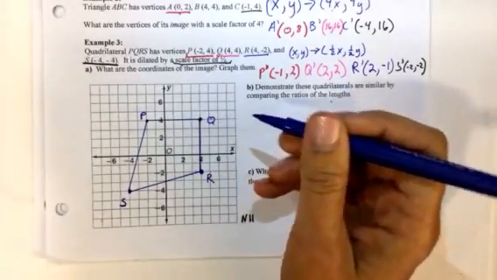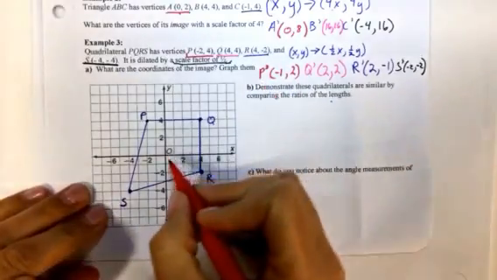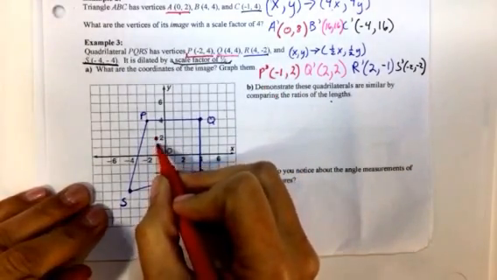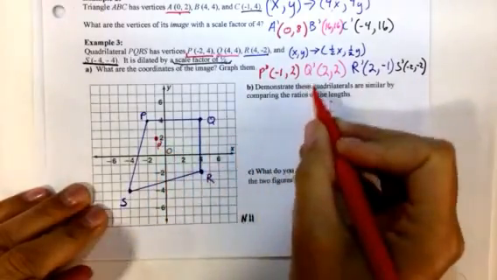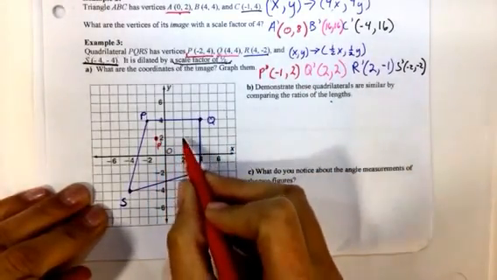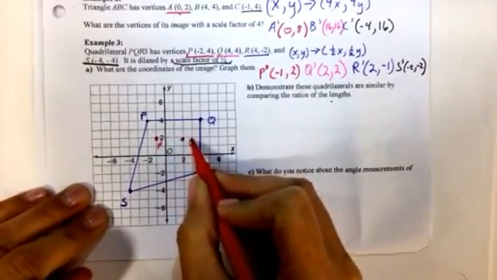So the prime points, let's do those in red. -1, 2 is P prime. And then Q is 2, 2. 2, 2 is Q prime.